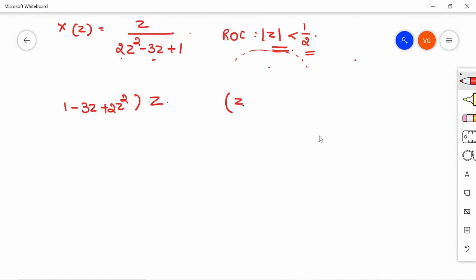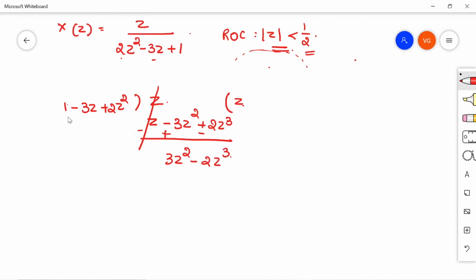I'll write z, so that 1 into z is z minus 3z square plus 2z cube. Now I'll subtract so that this term gets cancelled. The remaining I'm getting as 3z square minus 2z cube. Again, to cancel 3z square, I have to multiply 1 with 3z square, so plus 3z square. The first term has to get cancelled like the normal division method.